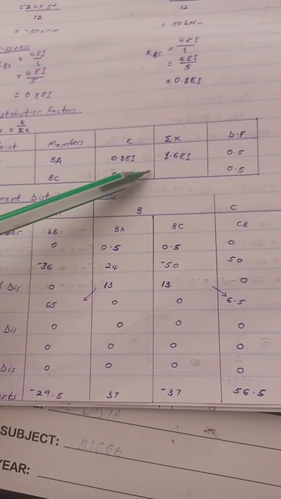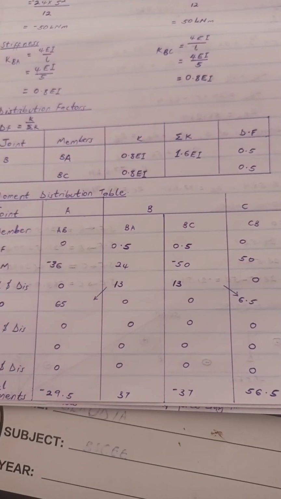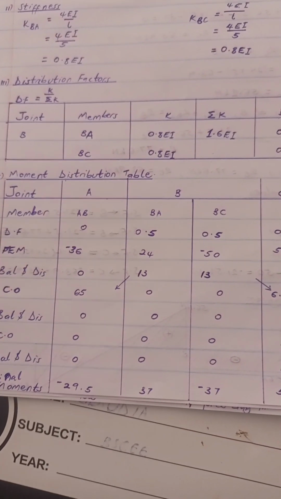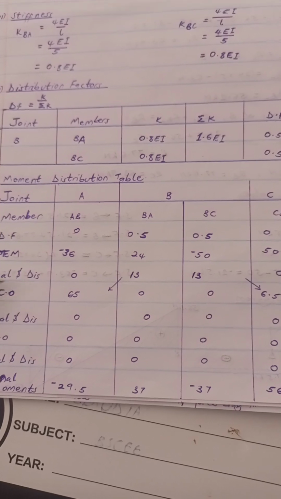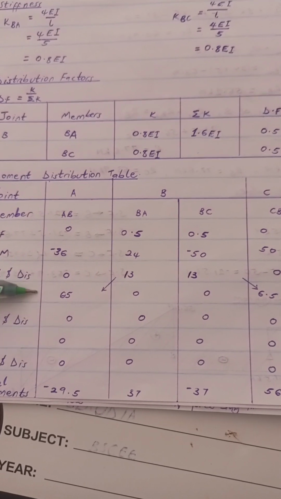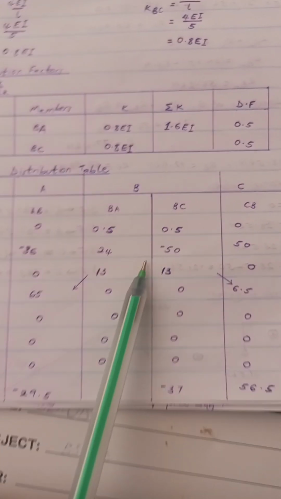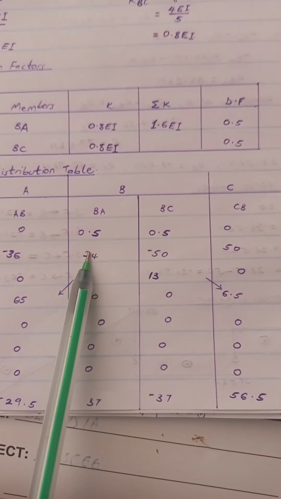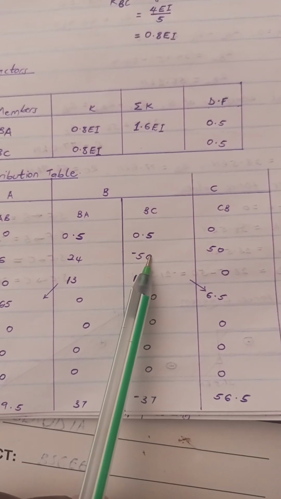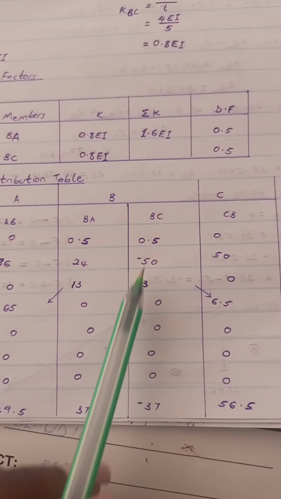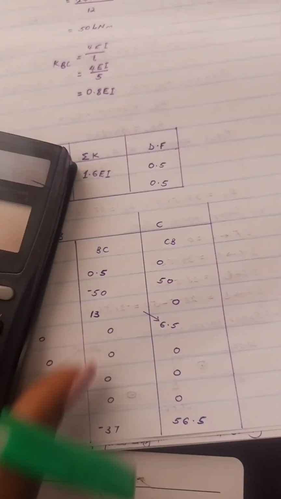You put the distribution factors there, and after that you represent the fixed end moments, then you balance, distribute, and carry over moments. But also for you to calculate this, you have to add 24 plus negative 50, and when you add it, it will give you a value of, let me show it for you here.